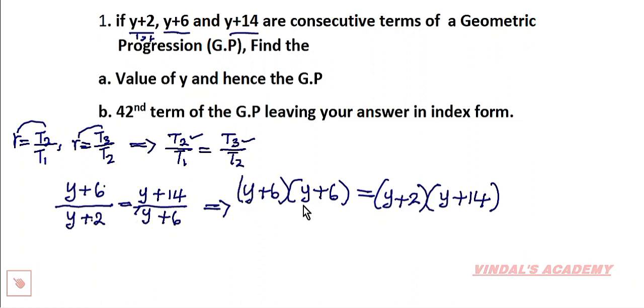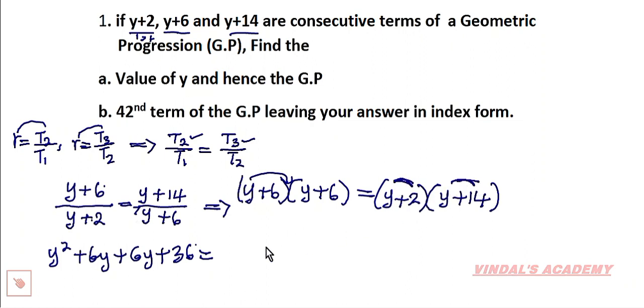Now let's open this bracket. If you open the bracket, y will multiply y, so it's going to be y squared plus 6y plus another 6y, then plus 36. And this is equal to everything here multiplying everything here.